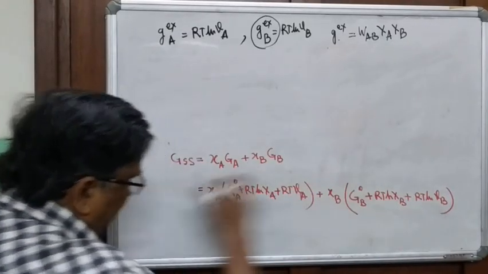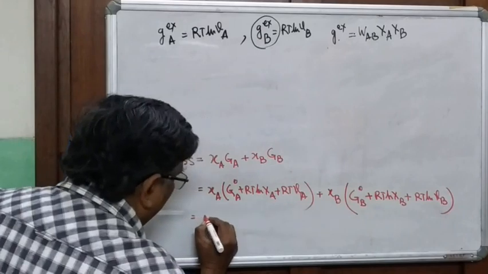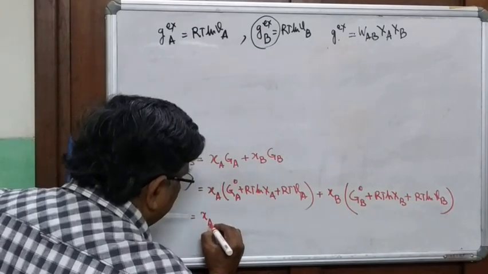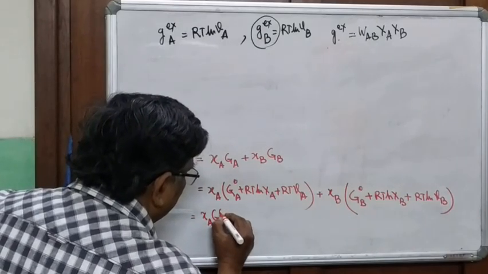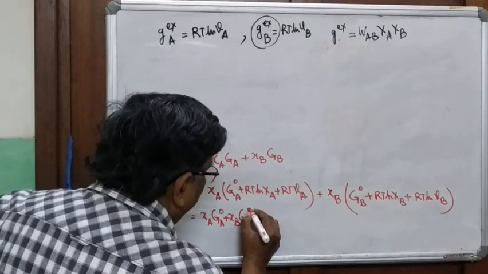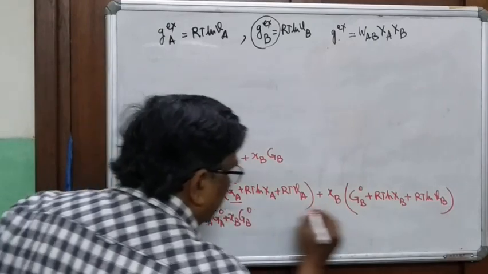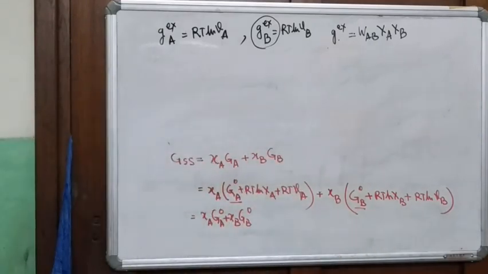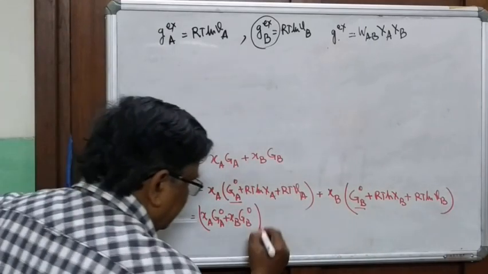And then we can take out everything and we can write three terms. X_A G_A0 plus X_B G_B0. We have taken away this term and this term. So we can write it like this.